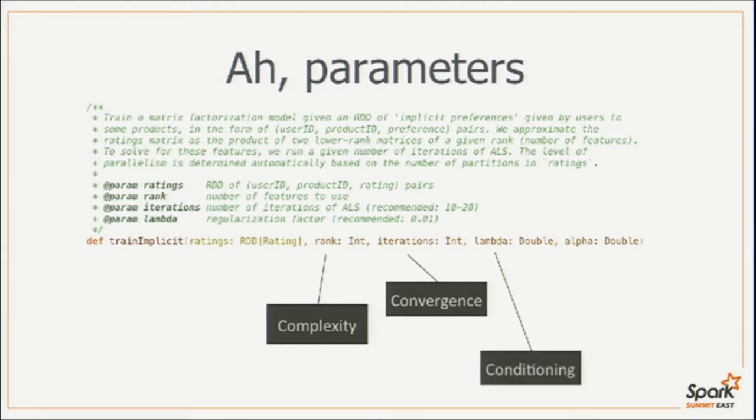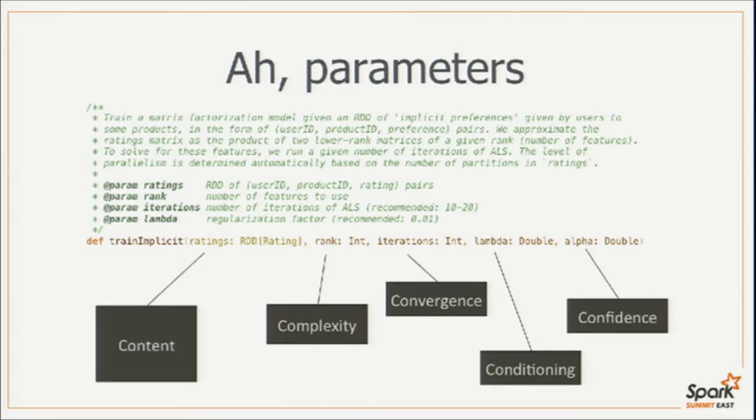Then the other parameters are lambda, which is a conditioning value, and alpha, which is for implicit feedback, saying how confident you are in this implicit signal that you've been detecting, let's say you count how many times someone looked at something, how much activity is required before you believe, right? It's a way of dampening the implicit signal to convert it to something a little bit more explicit.